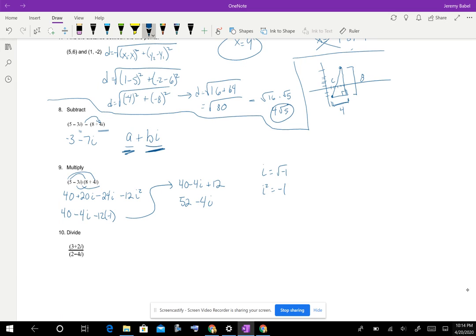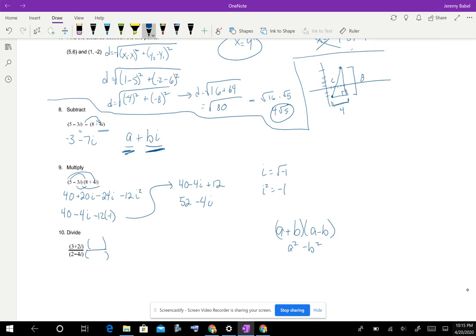Dividing, we have to use that idea of the conjugate. And the conjugate goes to that very common thing we've seen in this class, the a plus b, a minus b pattern, which is going to help us eliminate any imaginary pieces of our denominator.